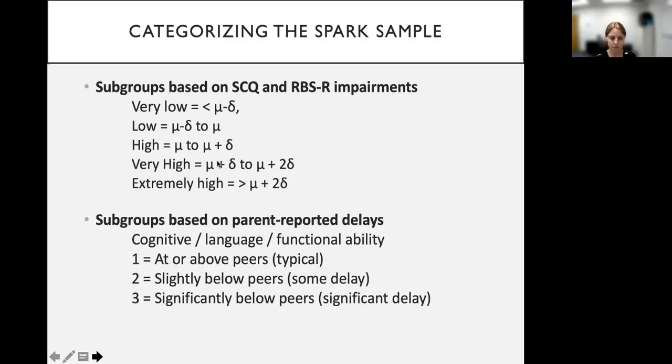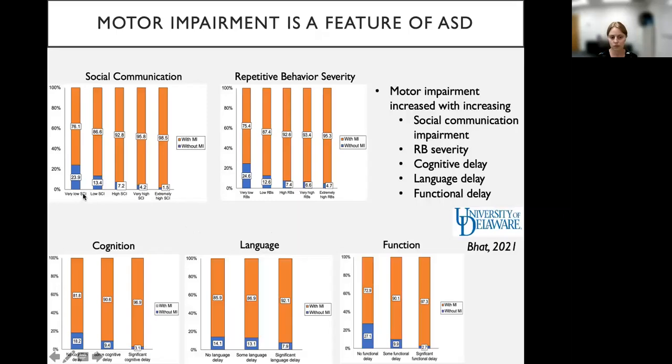And so what you see in these subgroups within this vast sample is the orange bars are risk for motor impairment in these subgroups using the DCDQ total scores. And what you see is a proportion of those subgroups that actually present with motor impairment. And you see that that proportion increases as social communication impairment increases, as repetitive behavior severity increases.